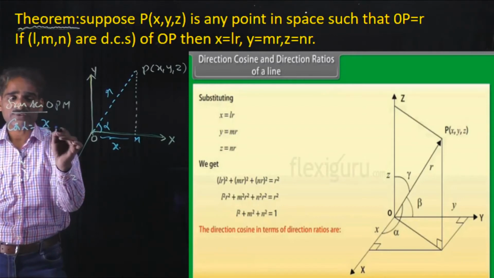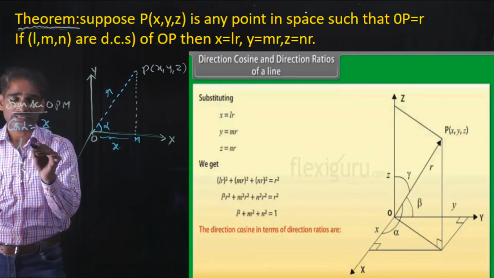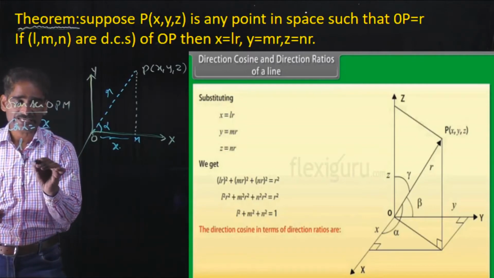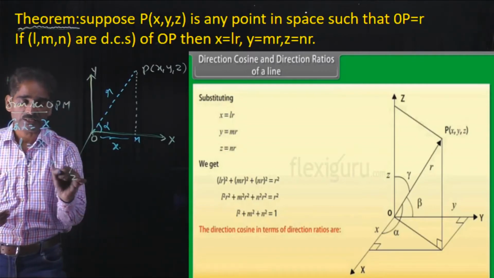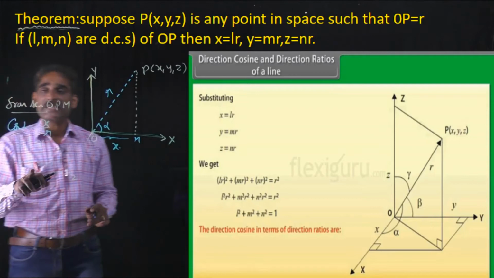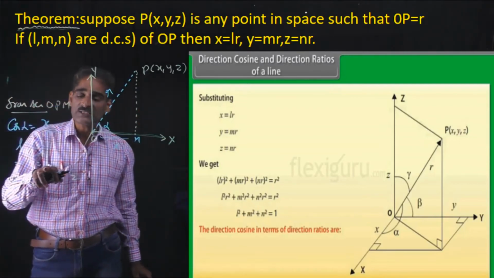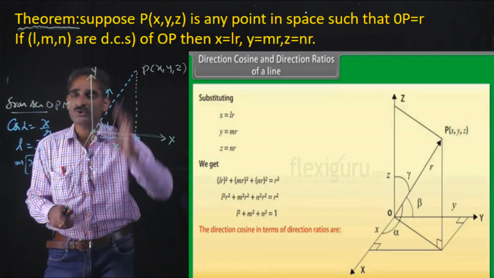So cos alpha is nothing but the DC, l is equal to x by r. This implies x is equal to lr. Here x is the x coordinate of the point P, l is the direction cosine and r is the length from origin to P.